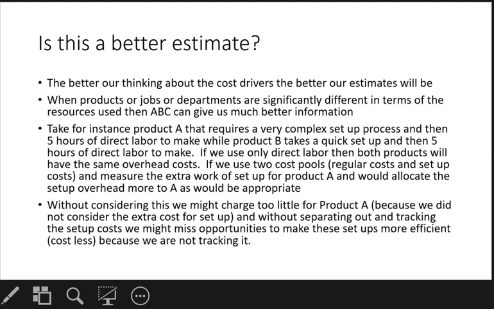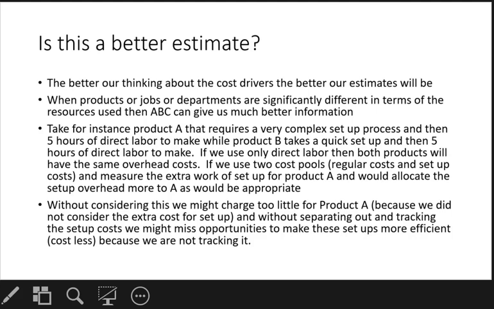All right, and therefore, we would want to allocate more setup costs to product A, and less setup cost to product B. All the rest of the costs could be divided evenly. And that might be fair, if you will.